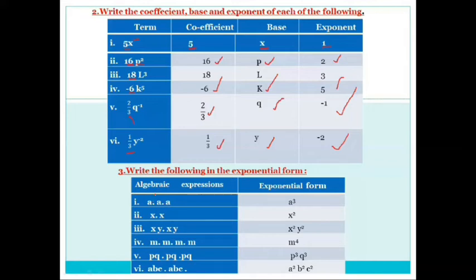If the base and power are the same, just a into a into a. Dear students, if you consider here a, here is also a, here is also a. Now a is the base, and what is the power? Power here, if there is nothing, we will think it is 1. And the coefficient, if there is nothing, we will think it is 1.